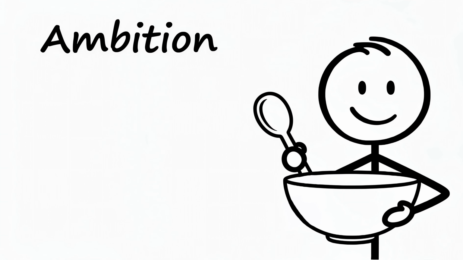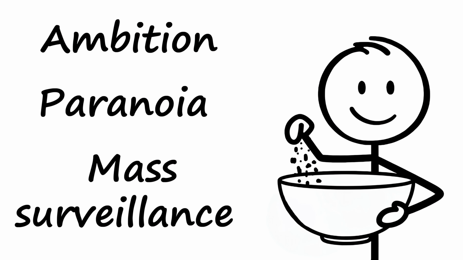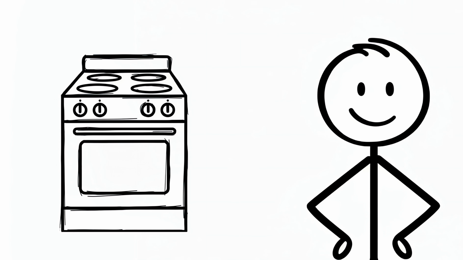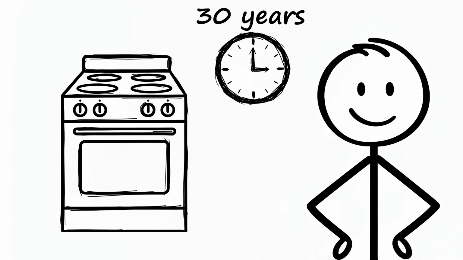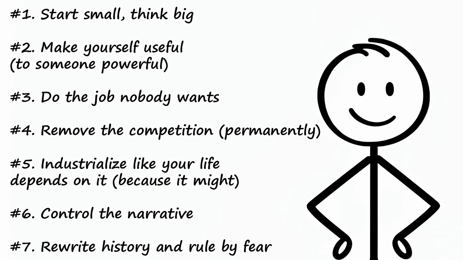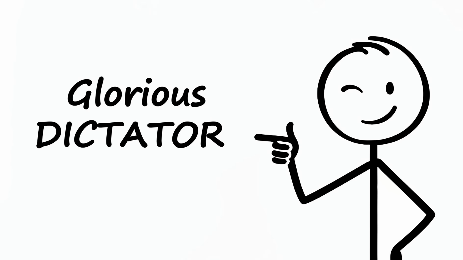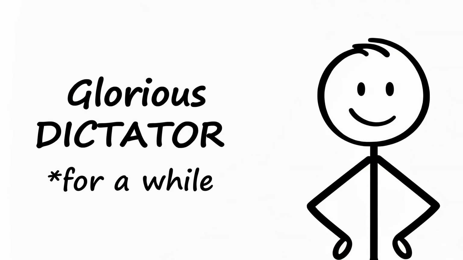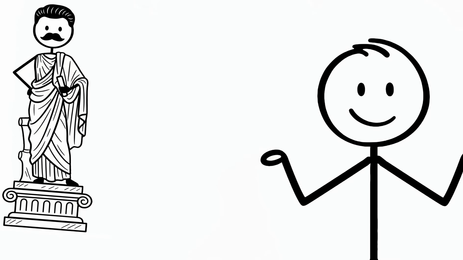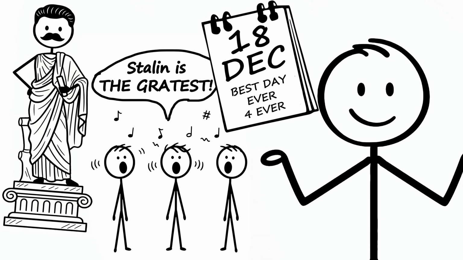Start with a lot of ambition, mix in a cupful of paranoia, sprinkle in some mass surveillance, and bake for about 30 years in a climate of terror. Delicious. Follow these 7 easy steps and you too can become a glorious, untouchable dictator, at least for a while. But hey, while it lasts, enjoy the statues, the songs, and the mandatory national holidays in your honor.